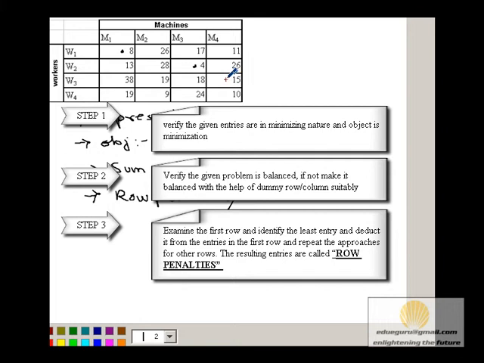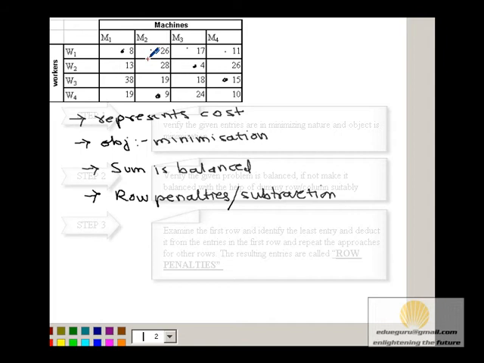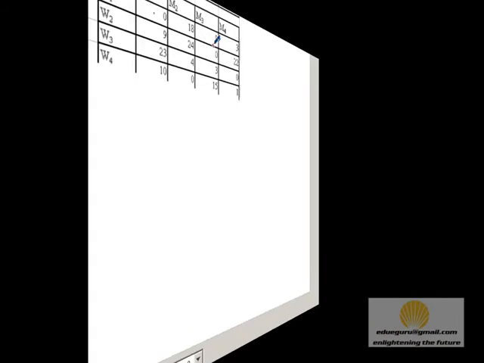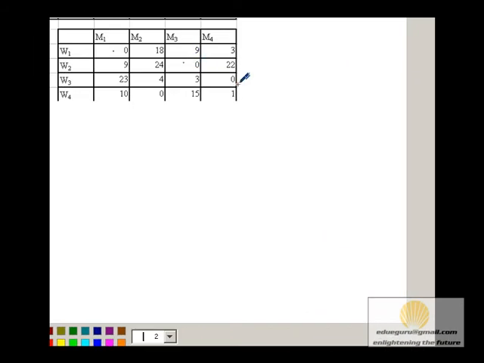We'll subtract those numbers from their respective cells in their respective rows, and that will give us a new matrix, which will lead to our next step. So if we subtract these numbers, we get a new matrix which has numbers subtracted by the least cost in each row.